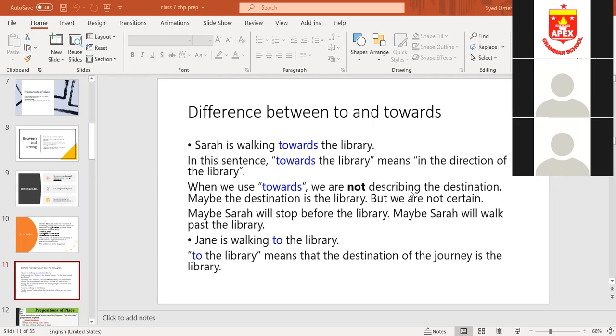Yes, Kinza, tell me the difference between into and in. You can give me an example. I haven't asked you to give me the definition. I have asked you to give me any example. One example. Yes, Kaleem? Give me the difference between into and in.